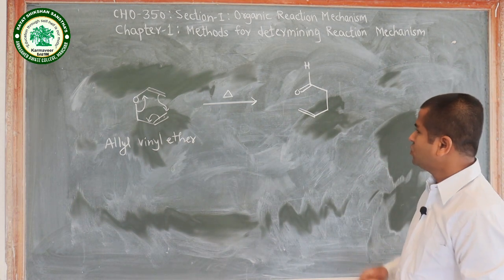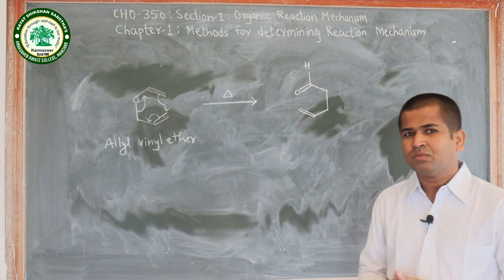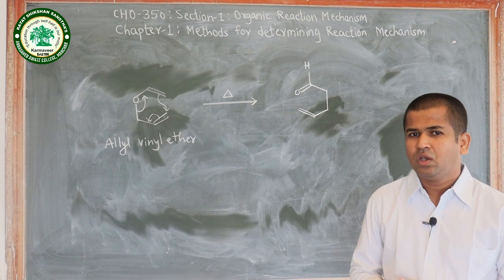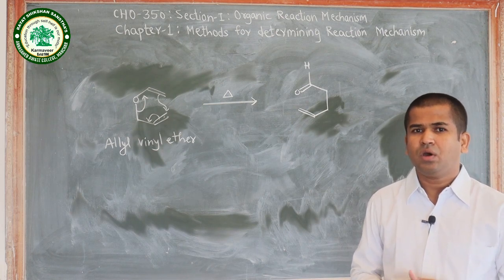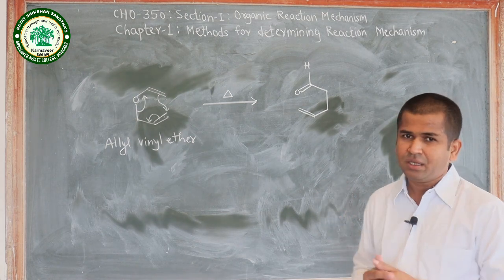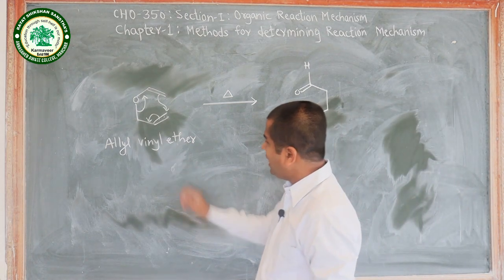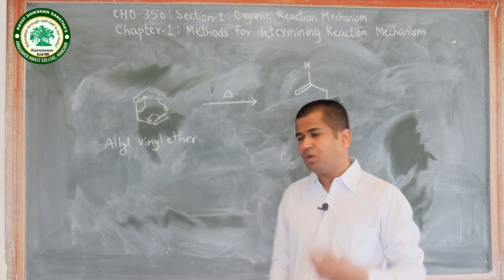Getting this? In order to consider the rate of the reaction, we have to consider the loss in entropy, or the degree of freedom of the substrate in the transition state. This substrate, allyl vinyl ether, has different types of conformations.